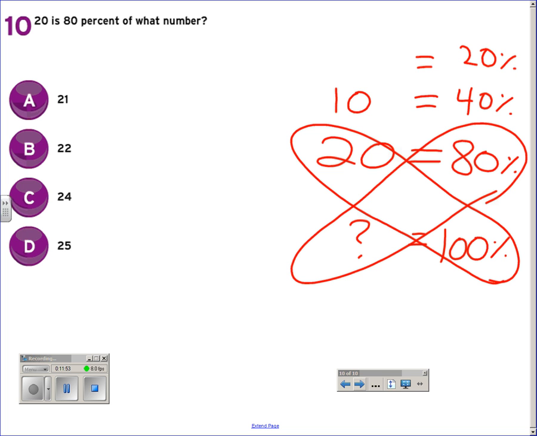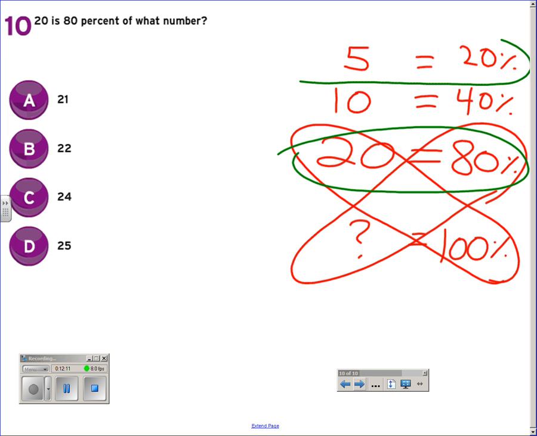And you're thinking, why am I going the wrong way? Well, because I can do this in my head. Half of 10 is 5. So now, if I already had 80%, and I know that 20 is 80%, and now I have an extra 20%, 80% and 20% makes 100%. 20 and 5 is 25.